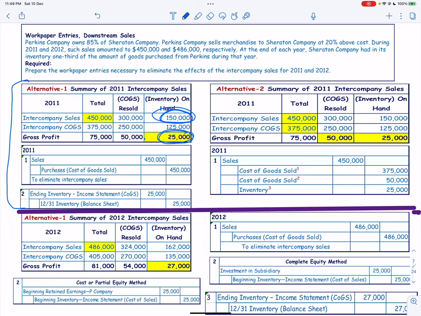So in order for beginning retained earning to match the 2011 year's ending retained earning, the 25,000 adjustment must be made to the beginning retained earning. So the elimination entry under the cost method or partial equity method is beginning retained earning is debit and beginning inventory is credit by this 25,000. To recognize the intercompany profit included in the beginning inventory and reduce beginning consolidated retained earnings for unrealized intercompany profit at the beginning of the year.